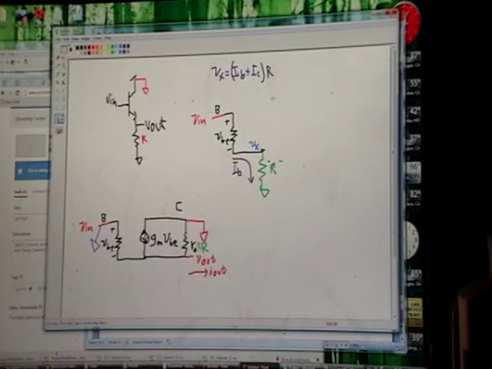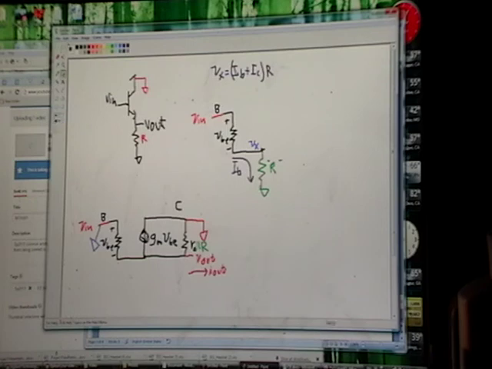Okay, so let's go a little farther with this math here. You know that IC is just beta IB.